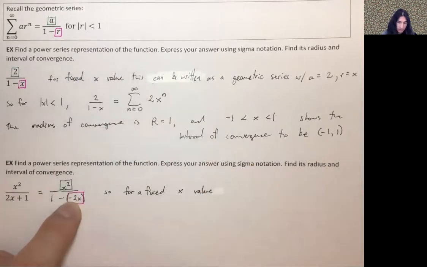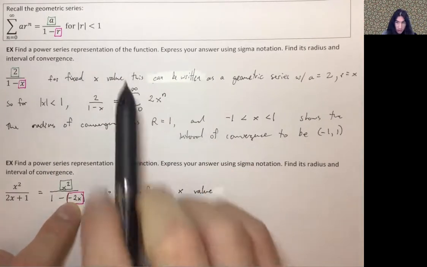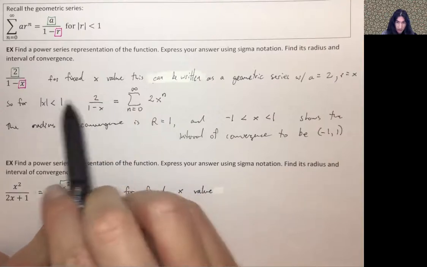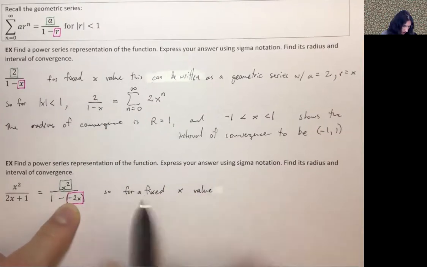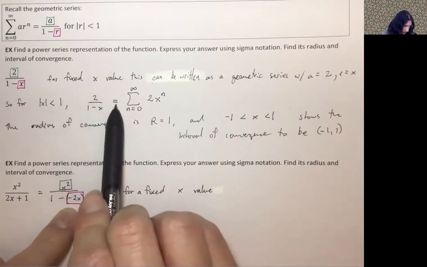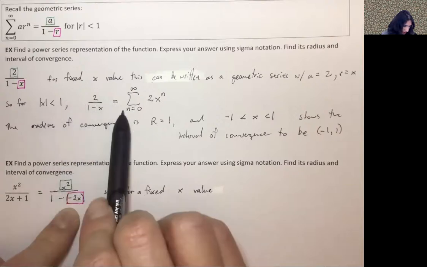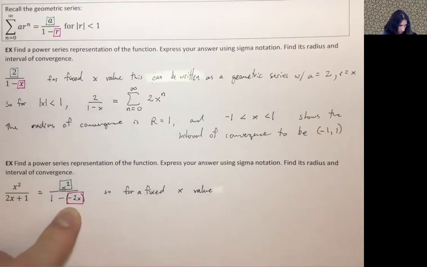So I need to have this happen if I'm going to write out any equation that looks like this. Any equation that looks like this is always accompanied by an inequality, okay? So if I want to write out the inequality, I'm going to have to say exactly what x values it's good for, okay? So keep that in mind in your work. Inequality always goes hand in hand with one of these power series representations.